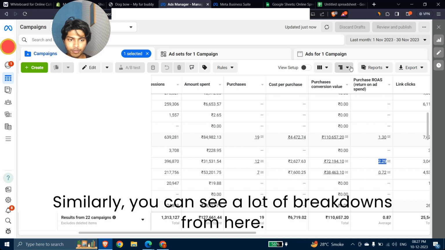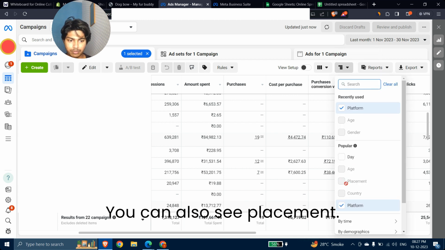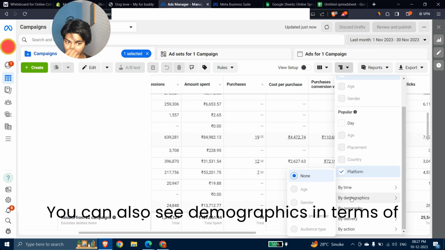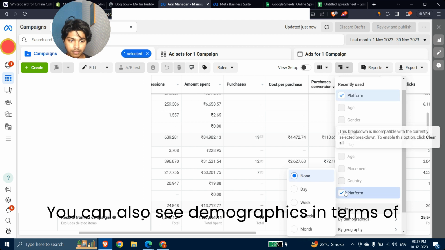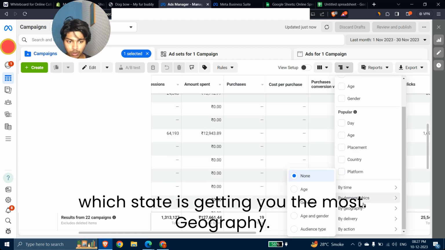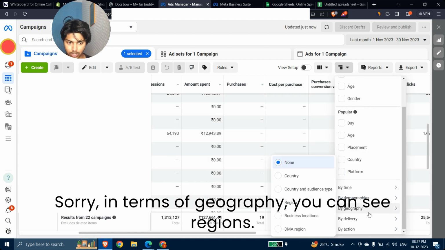Similarly, you can see a lot of breakdowns from here. You can also see placement, you can also see country, you can also see demographics, in terms of which state is getting you the most. Geography, sorry, in terms of geography, you can see regions.